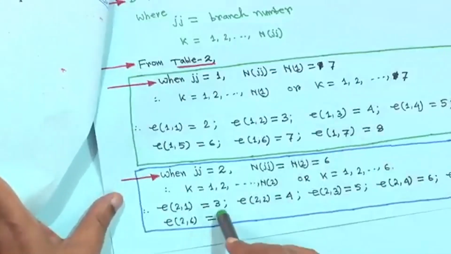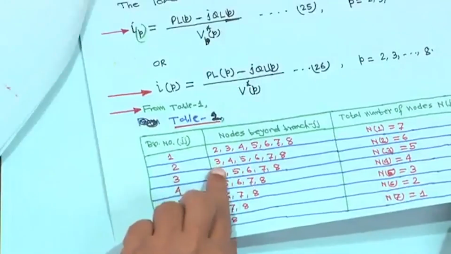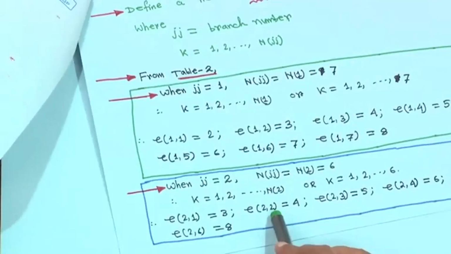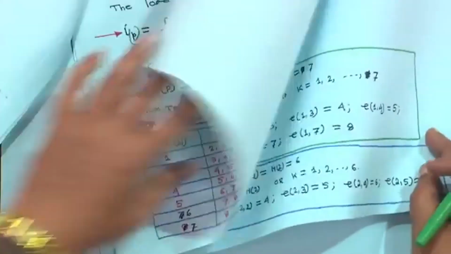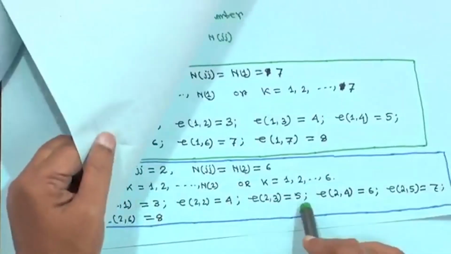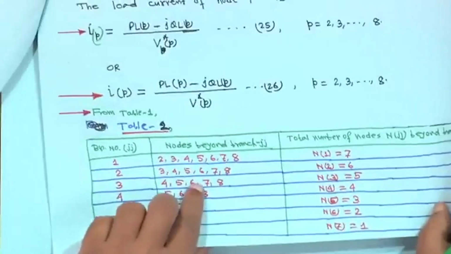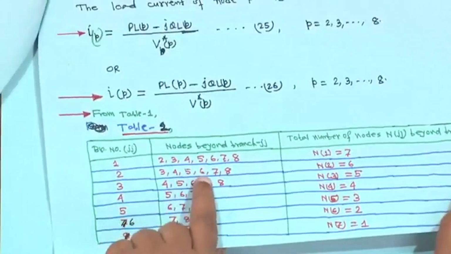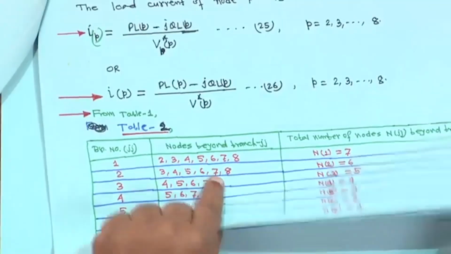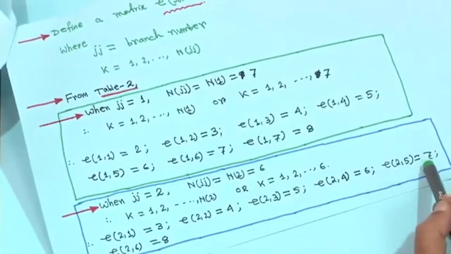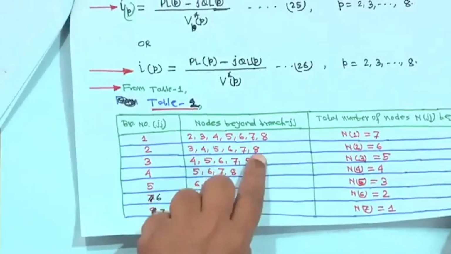So, you can write E21 is equal to 3, the second row here. Then E22 is equal to 4, E23 is equal to 5, E24, the fourth element, is equal to 6, then E25 is equal to 7, and E26 is equal to 8.